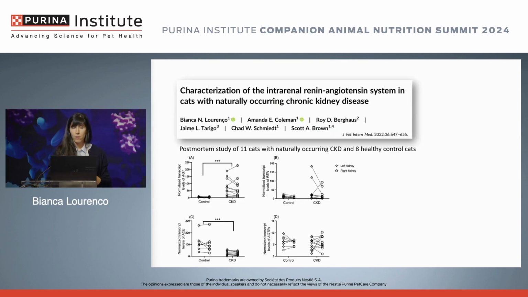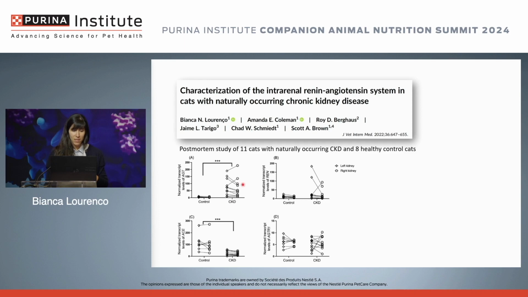Our group also evaluated the intrarenal RAS in cats with kidney disease. We did it in a different way. So we collected very fresh post-mortem tissues from cats that were being unfortunately euthanized from chronic kidney disease. And we did RT-qPCR. So we looked at mRNA levels for several genes, including angiotensinogen, renin, angiotensin-converting enzyme, and the angiotensin II type 1 receptor.